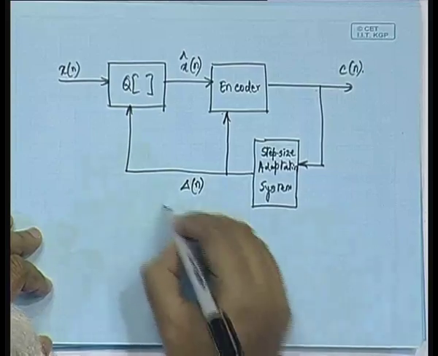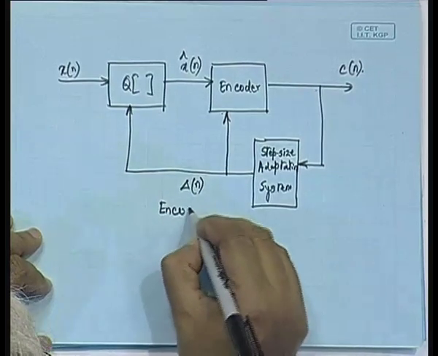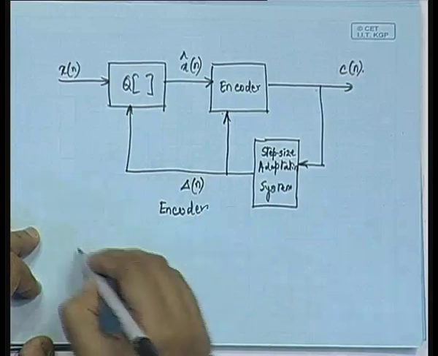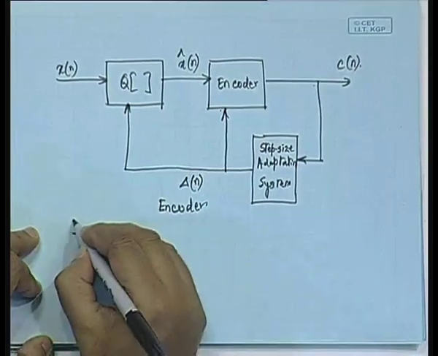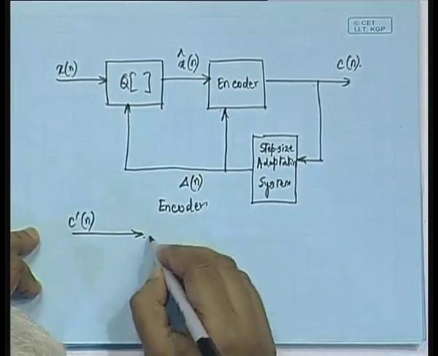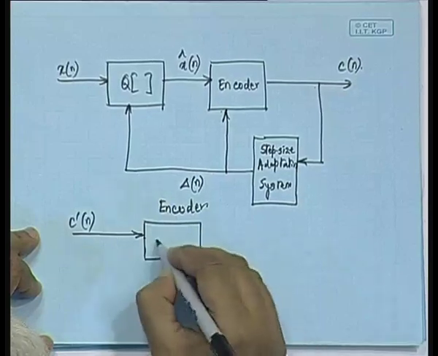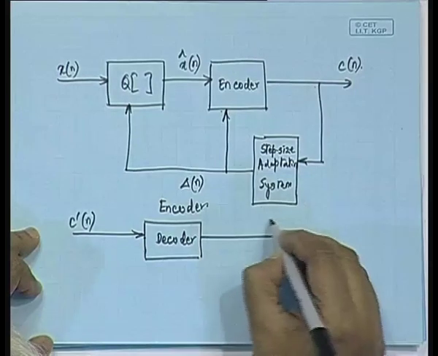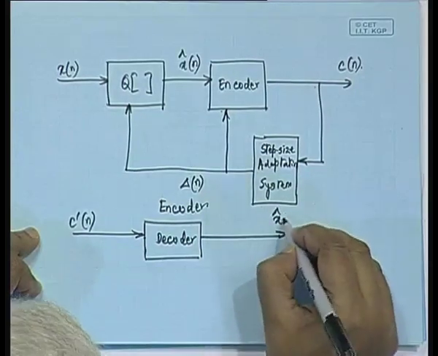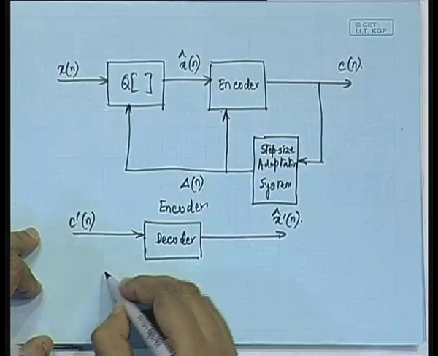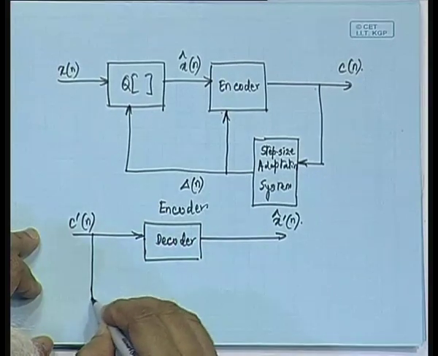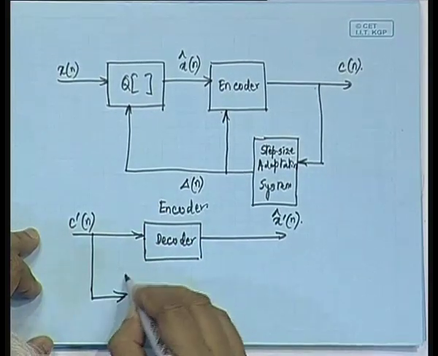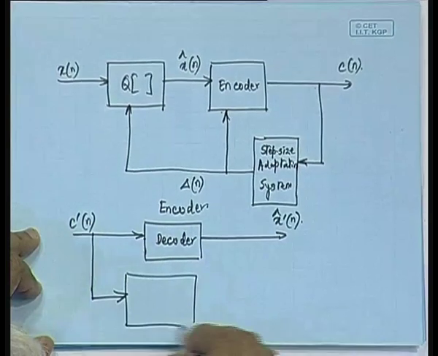Okay. So this will be the encoder, and on the same sheet I am also drawing the decoder. For the decoder we will receive C prime of n, and then we have the decoder block. The decoder output will be X cap prime of n, and then from C prime of n we will be deriving the step size adaptation.